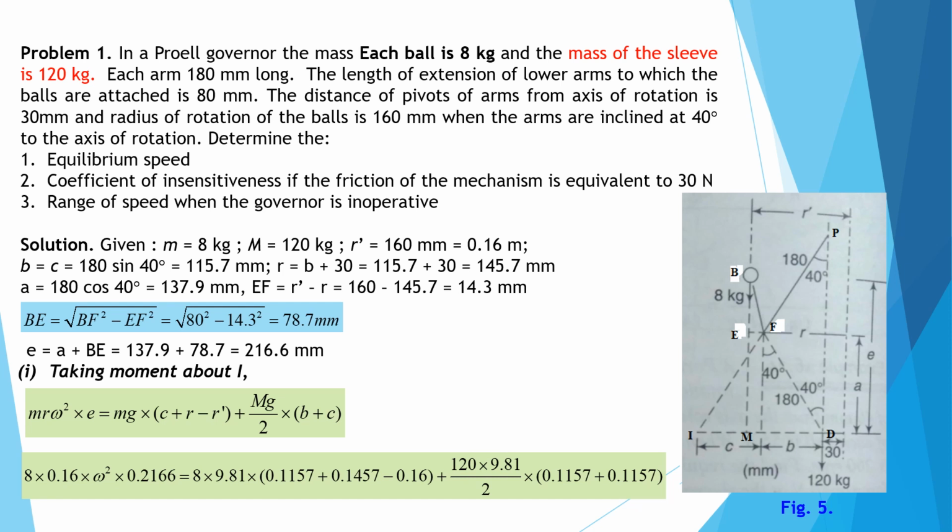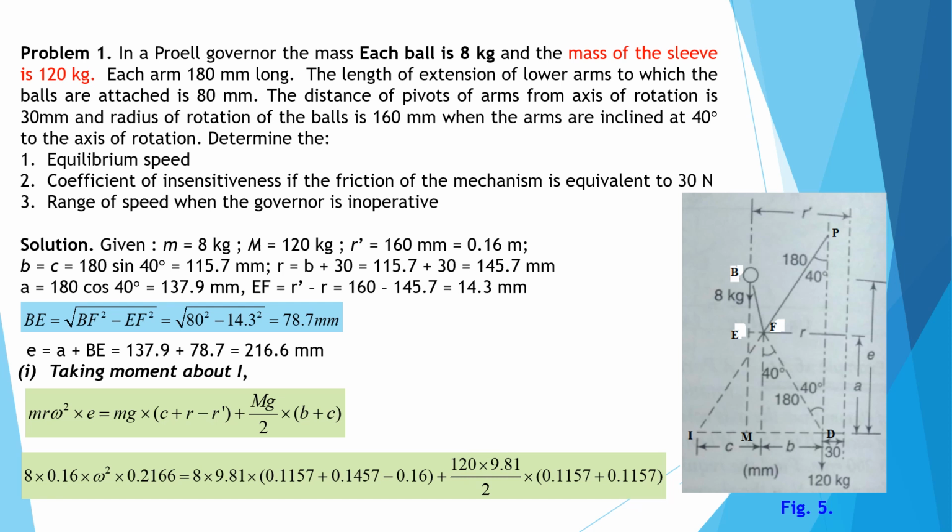The radius of rotation of the ball r dash is 160 mm, and the distance BM is equal to BI, or we can say b is equal to c is equal to 180 into sin 40 degrees, and that is 115.7 mm, and r is equal to b plus 30 mm. 30 mm is the distance of the pivot of the arm from the axis of rotation. So r is equal to b plus 30, that is 145.7 mm.